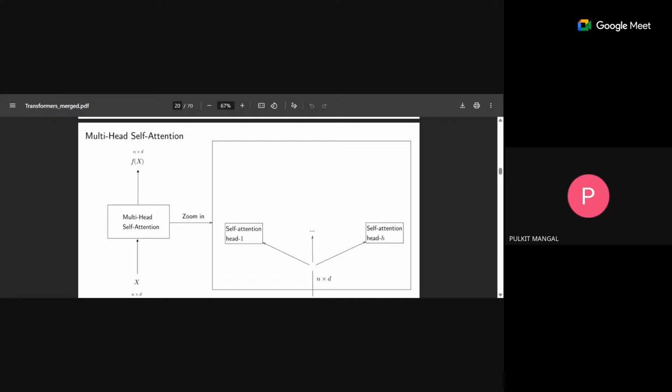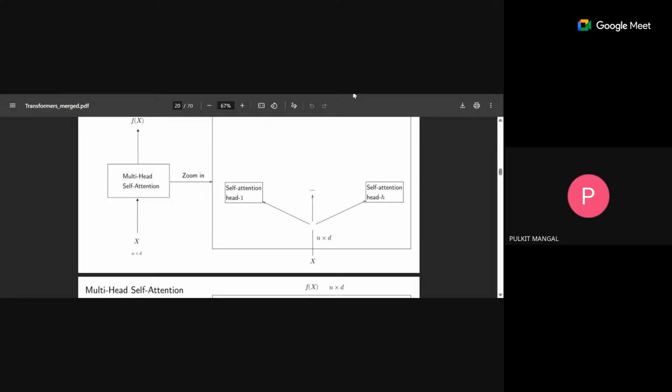Now how it's done is you will have the data matrix that will be passed to different self-attention blocks. Now why do we use multiple attention blocks here? The analogy is similar to what we do for CNN. We use multiple kernels so that they get different types of feature representation.